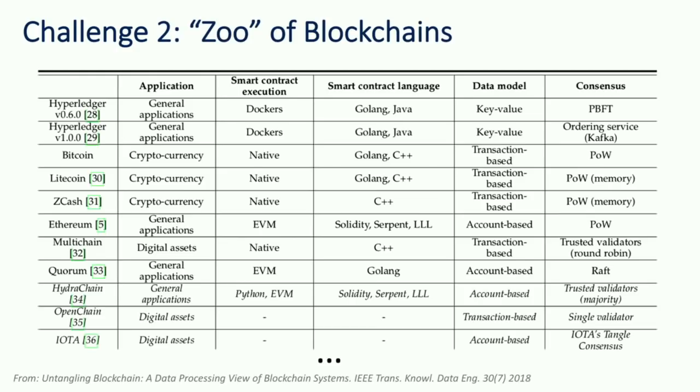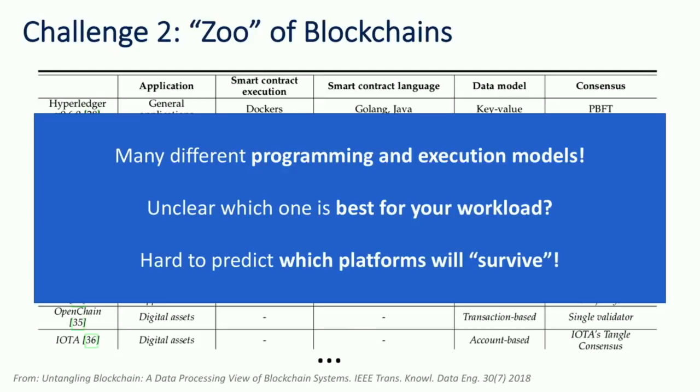The second one is if you today want to use one of the blockchain systems to set up a shared database, you are confronted with a slew of those systems, and it's really not clear which one to use. They come with different programming and execution models, and the question is with which platform are you able to implement the logic that you want to have for the shared database?